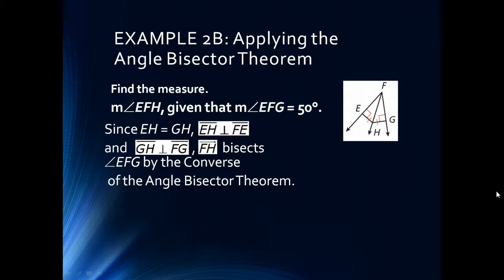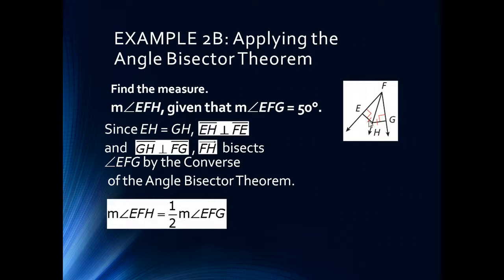If we want to find the measure of EFH, so this side here, and given that the measure of EFG, the entire angle, is 50 degrees, since EH is equal to GH and EH is perpendicular to FE, and GH is perpendicular to FG, FH is your angle bisector, and that's by the converse of the angle bisector theorem.